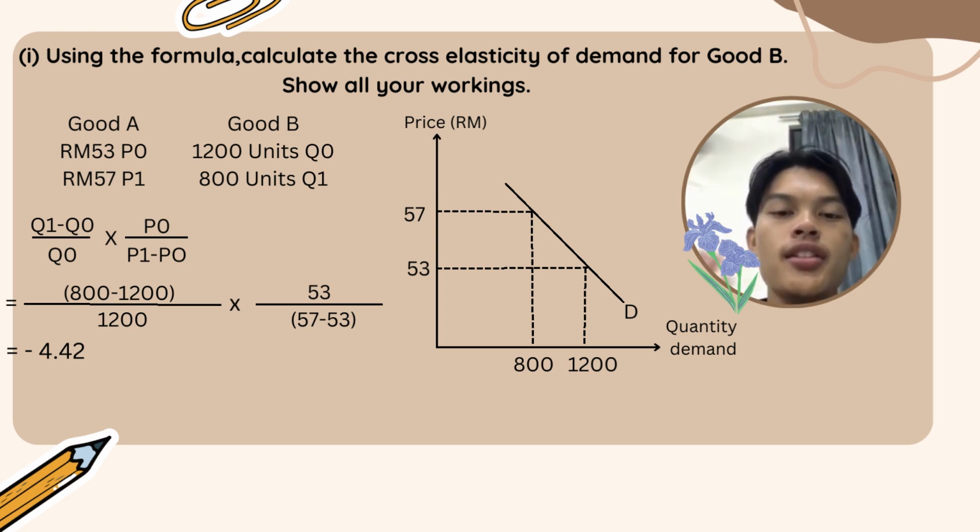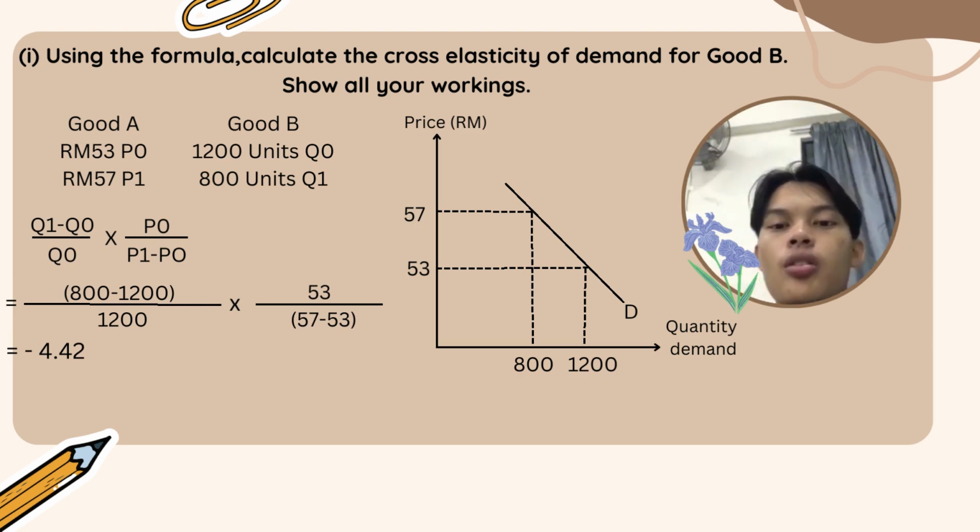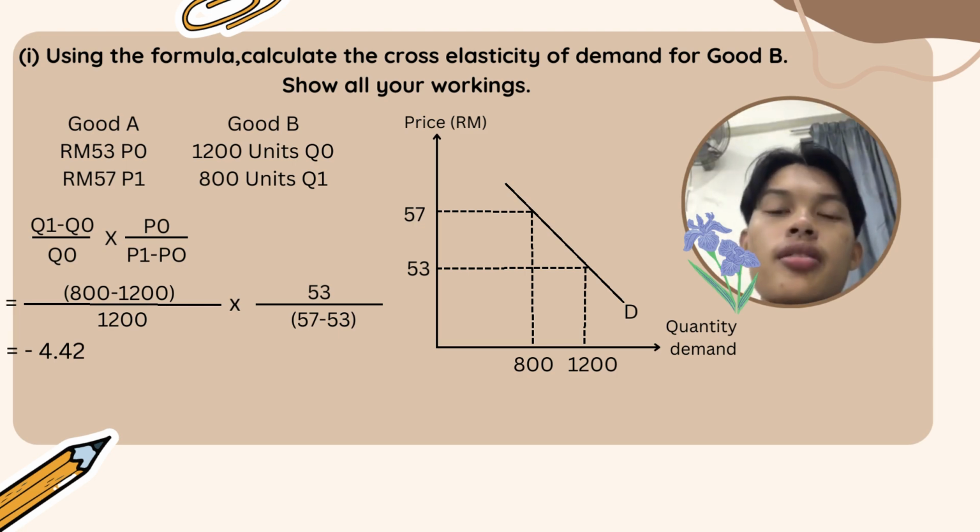So we just insert the values: 800 minus 1200 divided by 1200, multiplied by 53 divided by 57 minus 53. So the answer is negative 4.42.